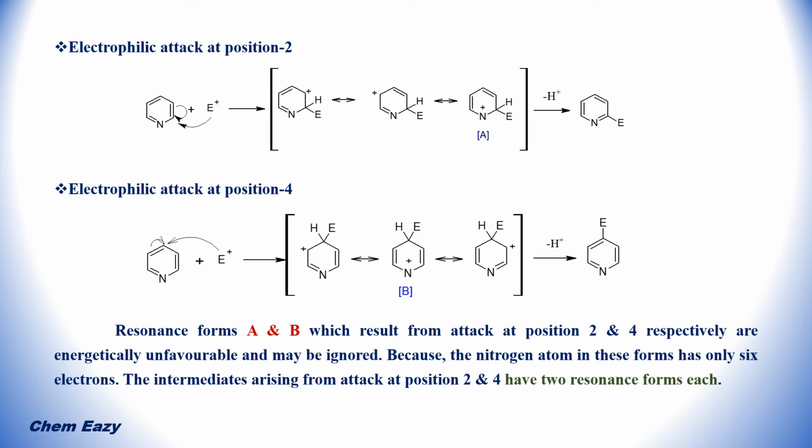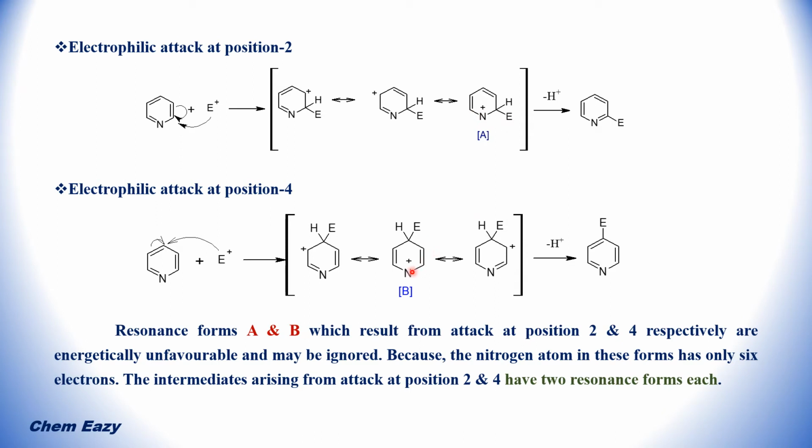Now the resonance forms A and B, which result from attack at position 2 and 4 respectively, are energetically unfavorable, and these two structures may be ignored. It means these two resonance forms may be ignored, A and B, because the nitrogen atom in these forms has only 6 electrons. So you can note here in this A resonance form, this nitrogen is having only 6 electrons.